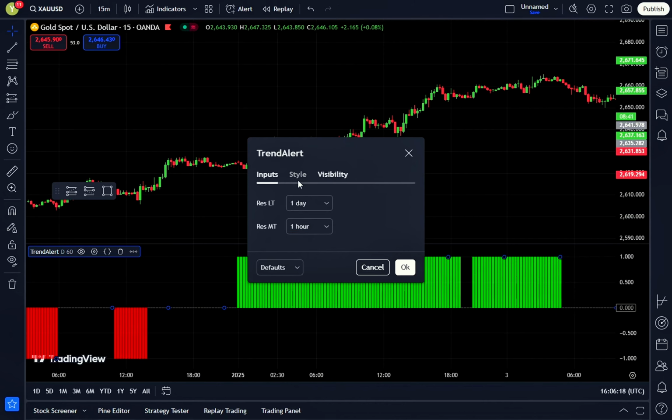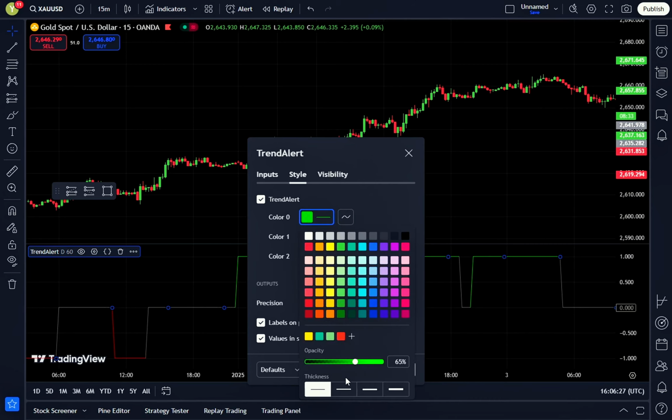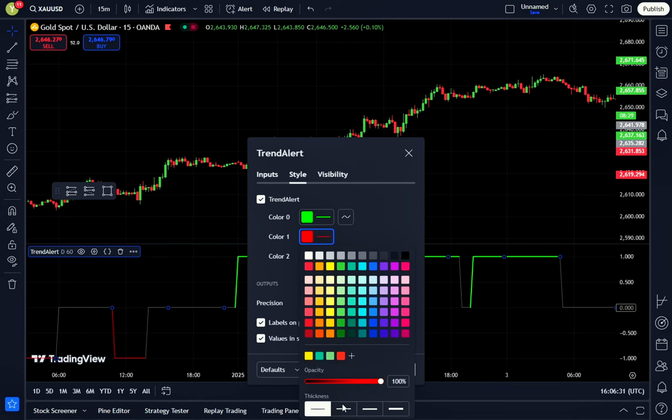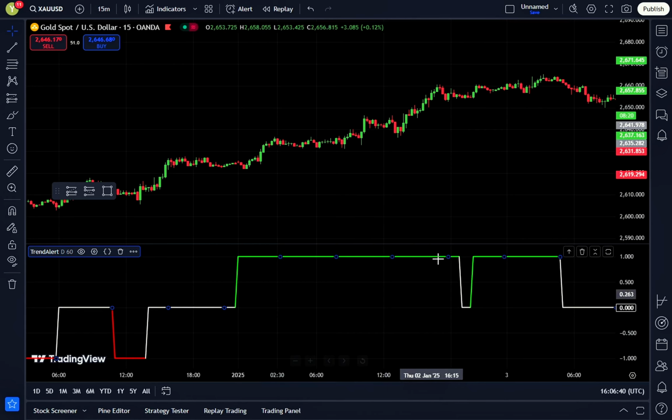Go to the Style tab and change the indicator type to Line. Customize its color and line thickness to your liking. Click OK to save the changes.